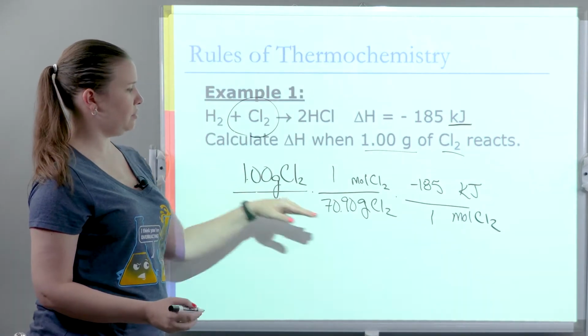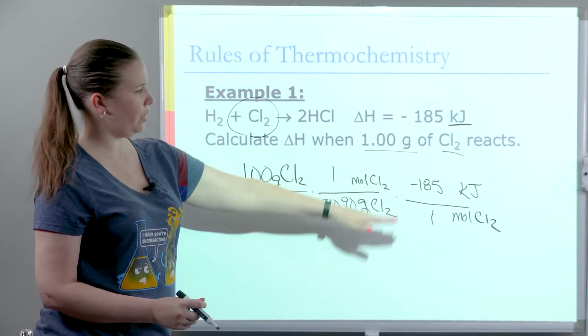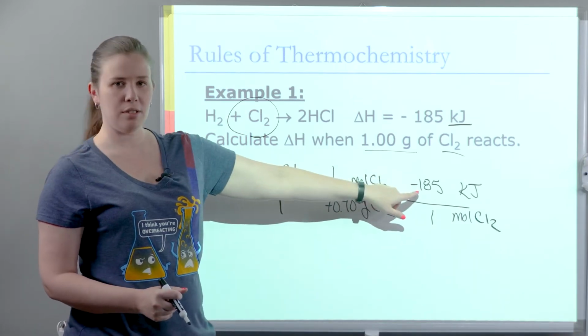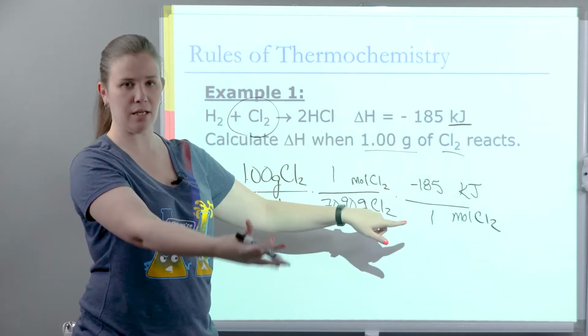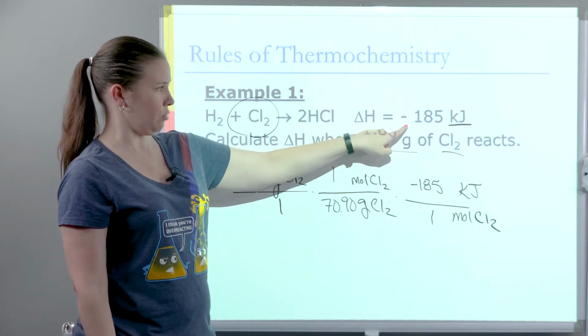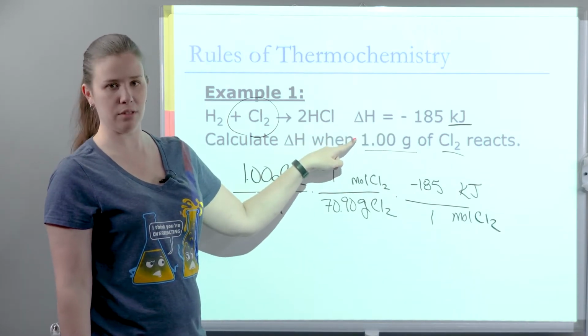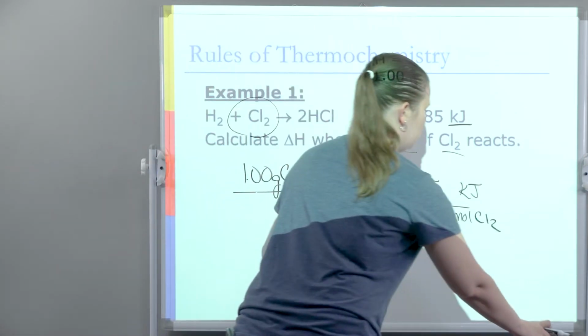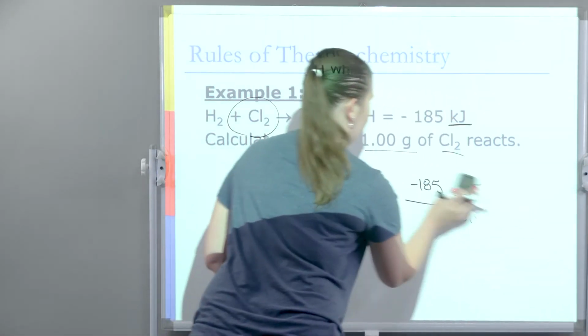So I'm going to do 1 divided by the molar mass of 70.9 and times that negative 185. So notice that the sign is going to dictate the sign for the answer. If I have an exothermic reaction, changing the amount is still going to have an exothermic amount of energy being produced. So let's go ahead and type this in the calculator.